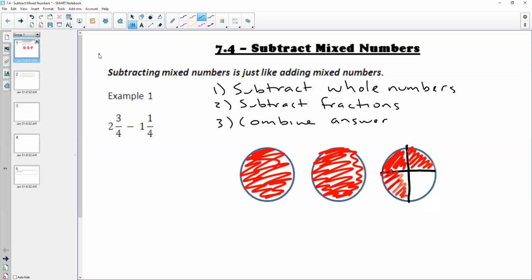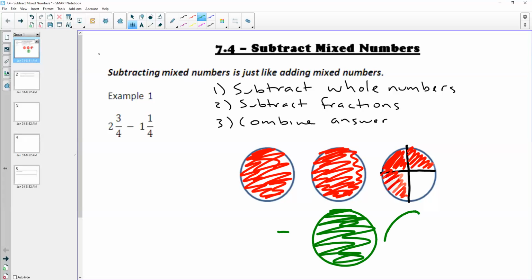So if we have 2 wholes and 3/4 and we're subtracting 1 whole and 1/4, these will go away, 1 minus 1, and then this portion and this portion will cancel.